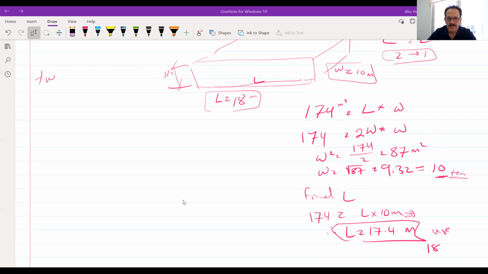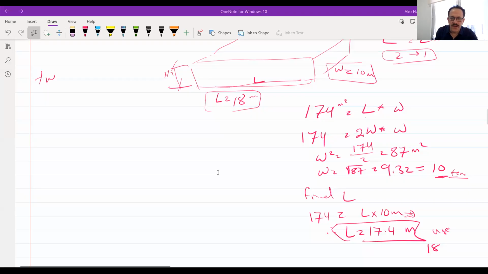Oh, sorry. Now assume horizontal velocity will be between 0.1 to 0.5 meter per second. I will assume VH, let me say I will use 0.4 meter per second.